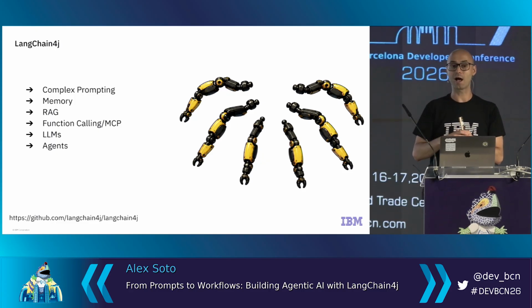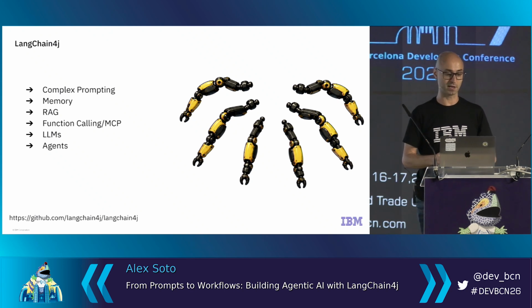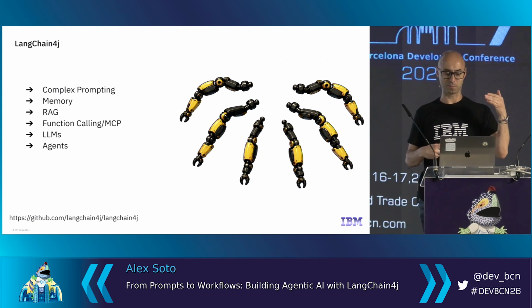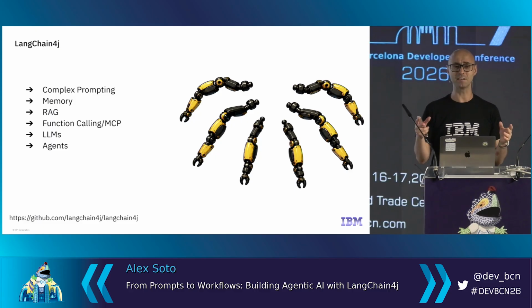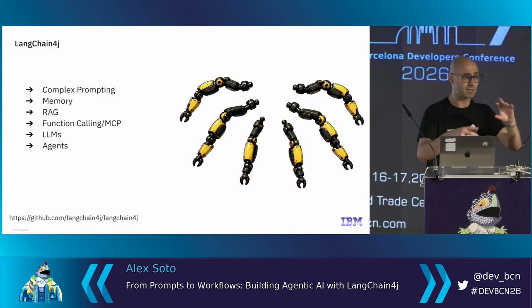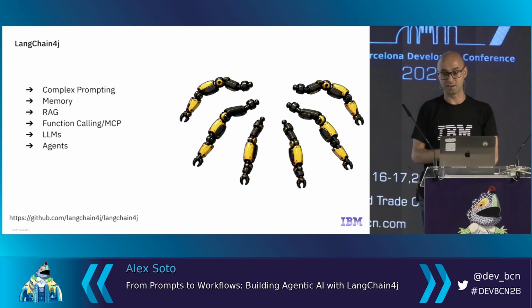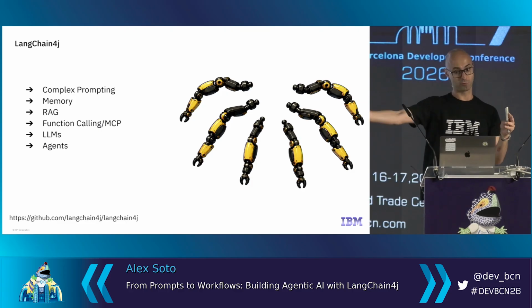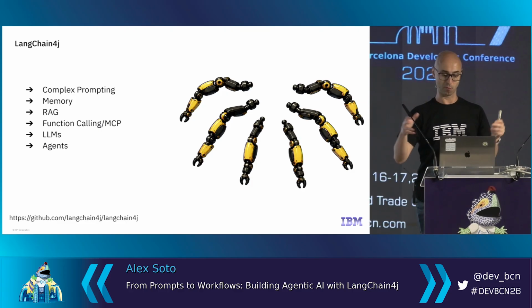So this is automatically managed by LangChain4j. It also lets you implement RAG systems. And when I say RAG systems, I'm not saying, oh, I am just ingesting these documents and putting them in a vector store. I'm talking about complex chunking strategies or complex RAG operations like multi-layer vectorizing, okay? So it works really well with this.